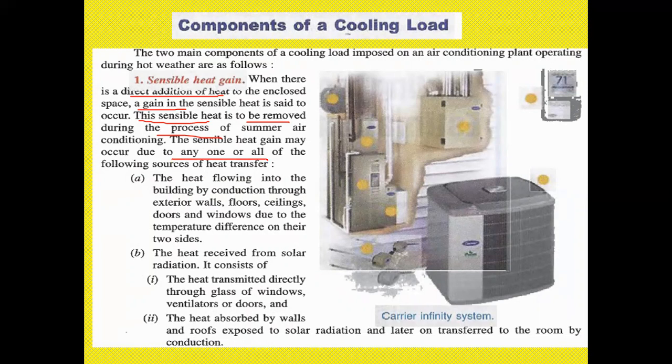The sensible heat gain occurs based upon the following heat transfer processes. The first one is the heat flowing into the building by conduction through exterior walls, floors, ceilings, doors, and windows due to the temperature difference between the outside and inside conditions.